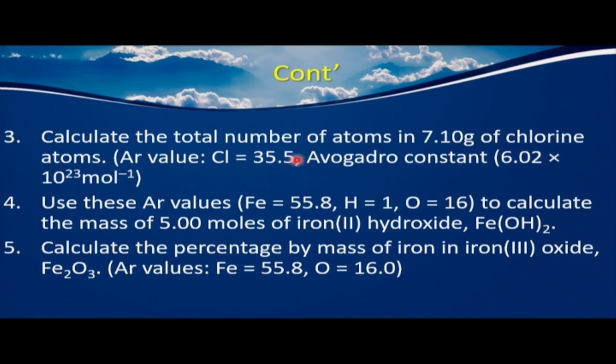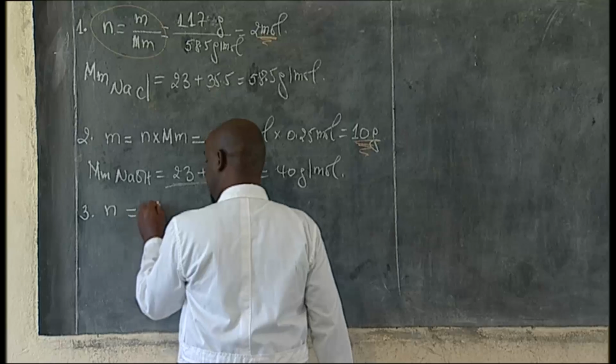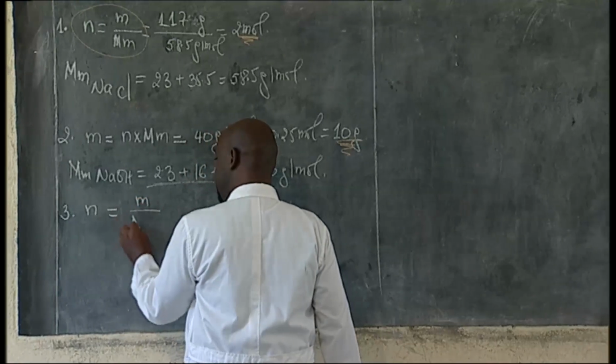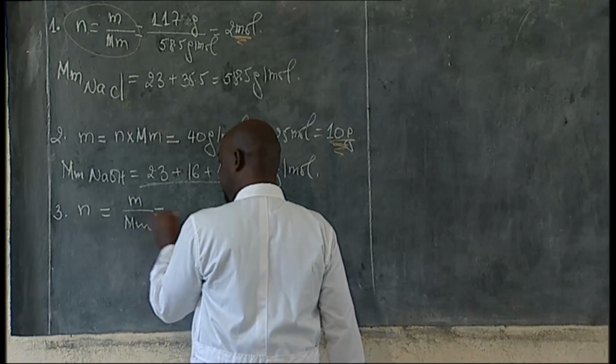To get this, we use Avogadro's number. But Avogadro's number gives us the number of atoms in 1 mole. So we have to find the number of moles in this mass of chlorine. So how do we get the number of moles? We know that number of moles is equal to mass over molar mass.